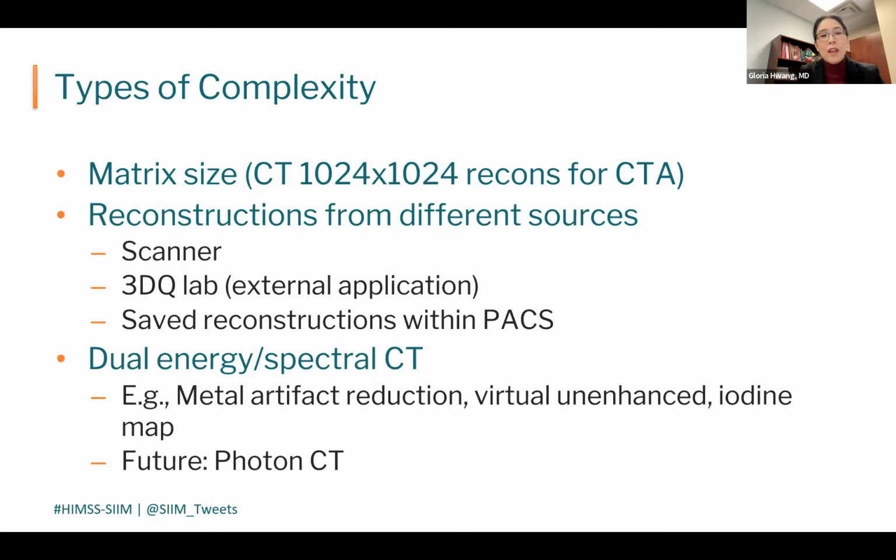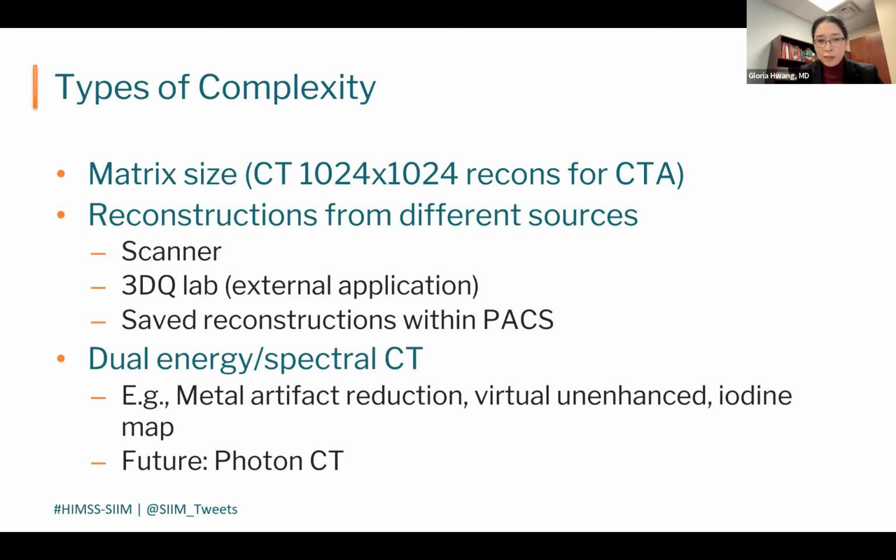Sometimes, rather than generate images in a 512 by 512 matrix for CT, we would have 1024 by 1024. Those are very dense studies, and we wanted to label those separately. We also could have very similar reconstructions coming from 3 different sources: directly from the scanner, from the 3D lab, or saved from reconstructions within PACS performed by the radiologist.